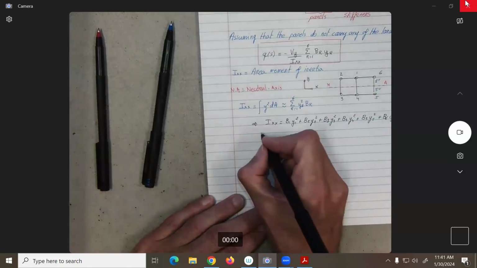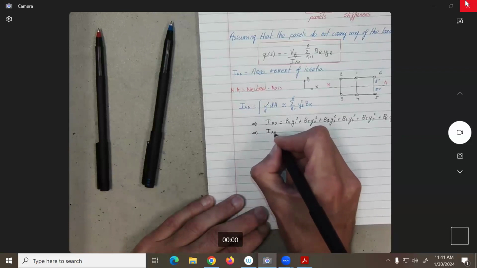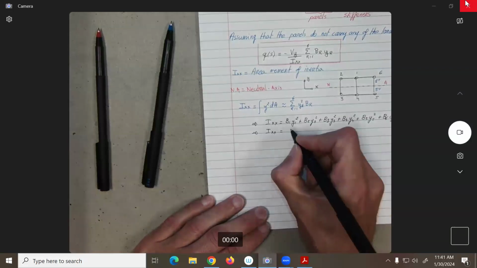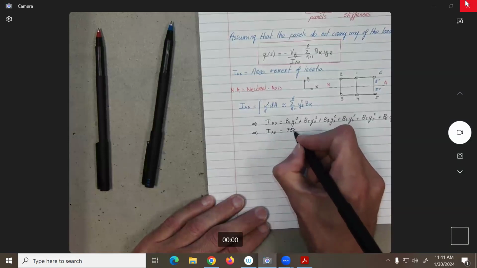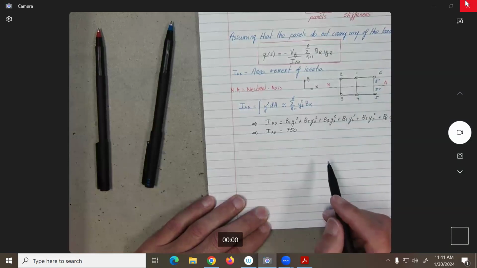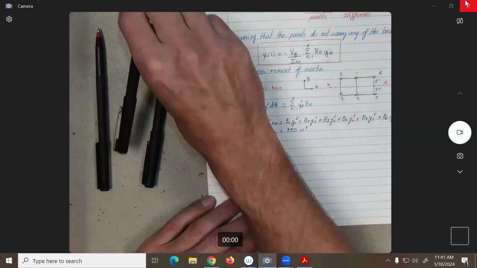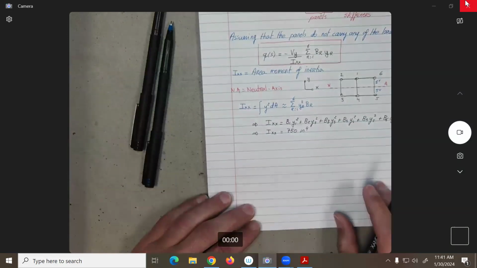So if you do this calculation, I have the results. That gives you that I sub x is going to be equal to, basically, 25 times 5, so 125, and 125 times 6 is 750. So basically we found that Ixx is 750.